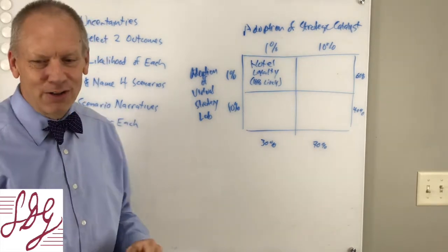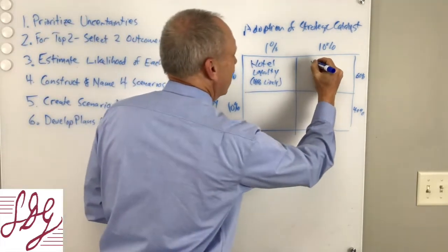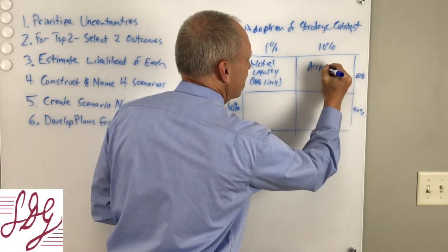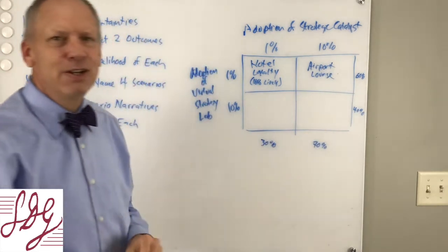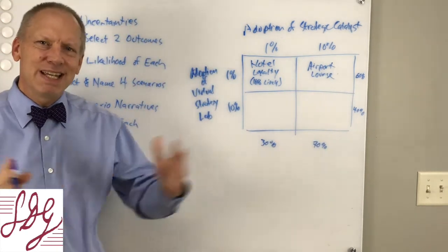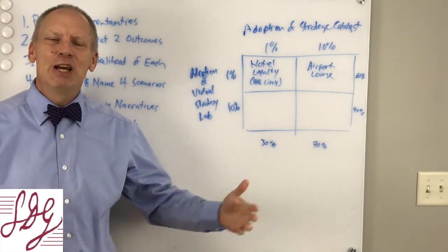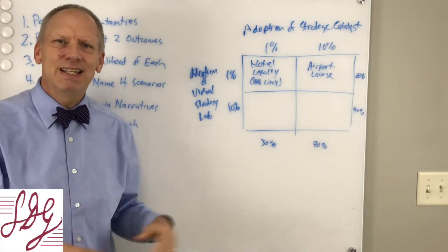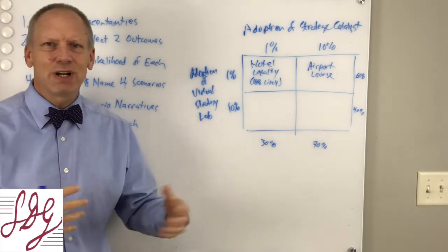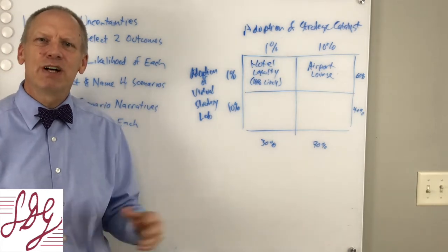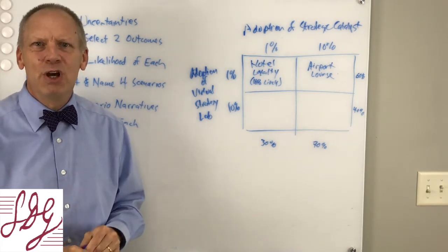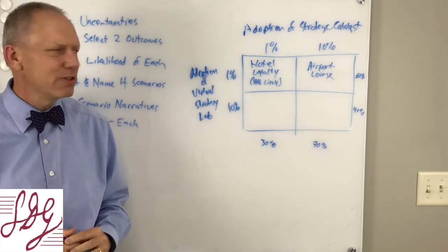So I'm going to call this one the airport lounge scenario. It's less about extended stays in a given city, but going from city to city to city to repeat this virtual strategy lab, doing this strategic catalyst, this accelerated process of helping teams to rapidly develop well-developed, well-communicated strategies.